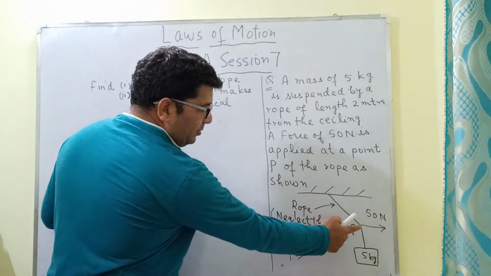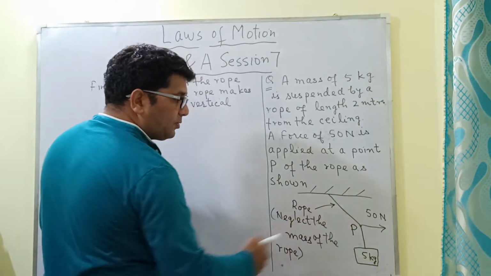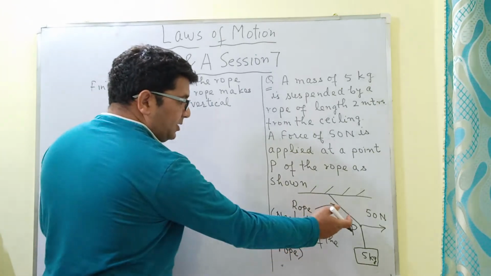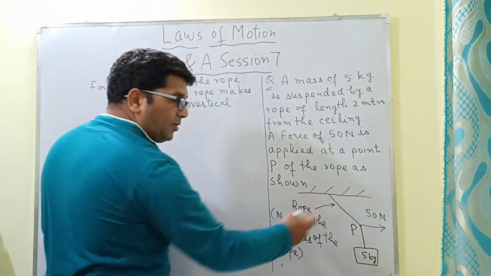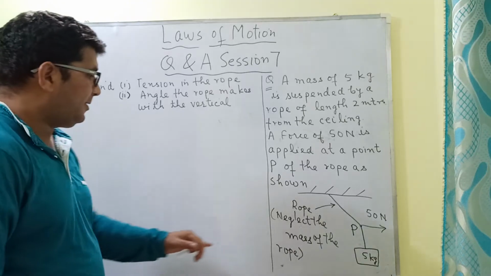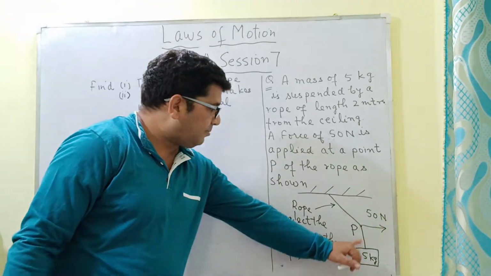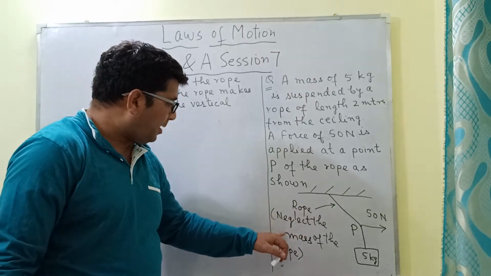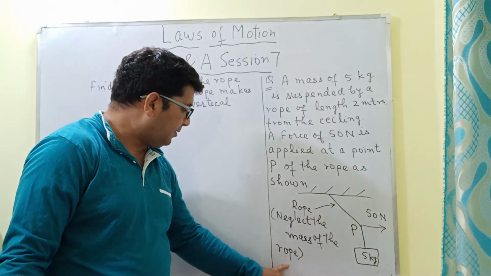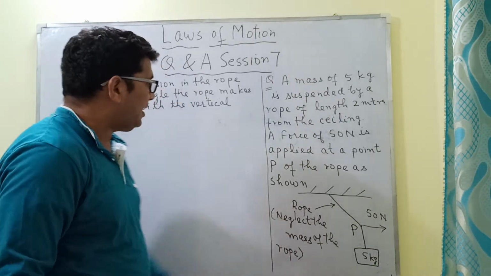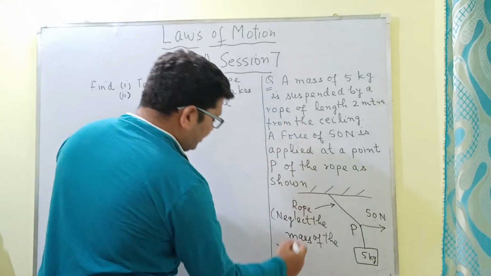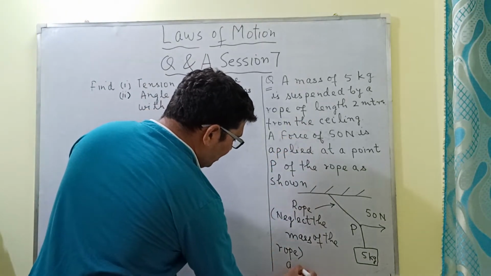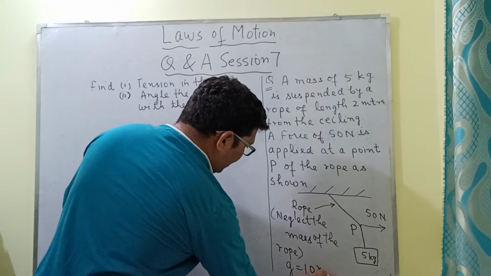This is a horizontal force, meaning this force is applied in the horizontal direction, and this is the 5 kg mass which is suspended by this rope. The mass of the rope is neglected here, and the value of g, the acceleration due to gravity, will be equal to 10 meter per second square.